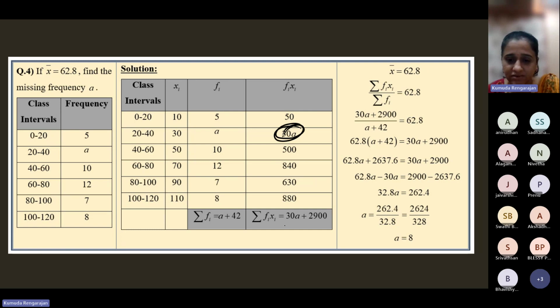Add the numbers, so plus 2900. And when you add the values in the frequency column, A as it is, A. These numbers total to 42. So A plus 42. It's not 42A. When you add, it's not 42A. Be careful. A plus 42. You're adding, right? So A plus 42.